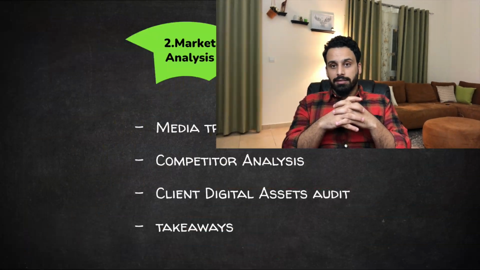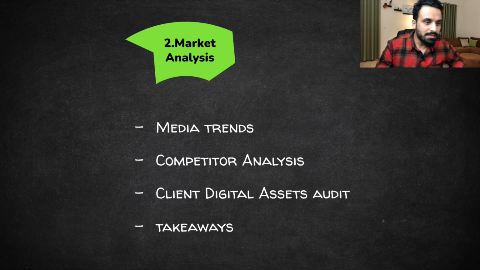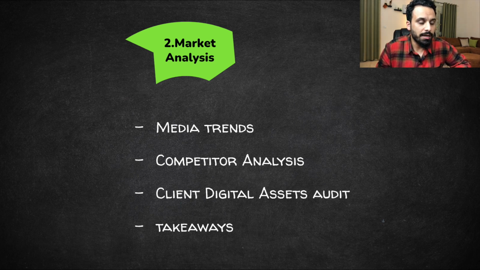That brings us to the next step or pillar, which is market analysis. Now, market analysis consists of 4 components. One is media trends, where you show what's going on in the online world, if there are any shifts or drifts in user behavior online.